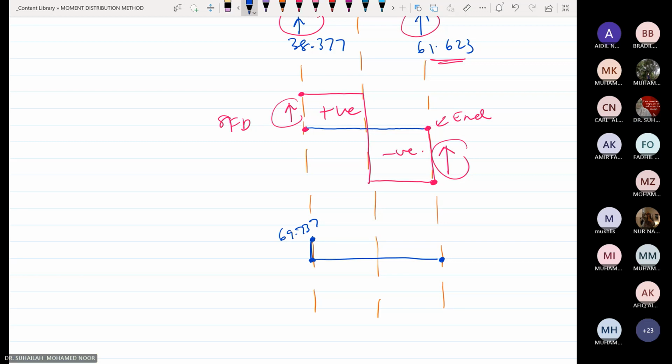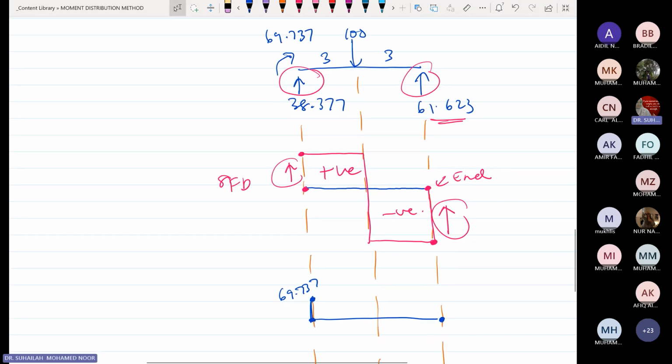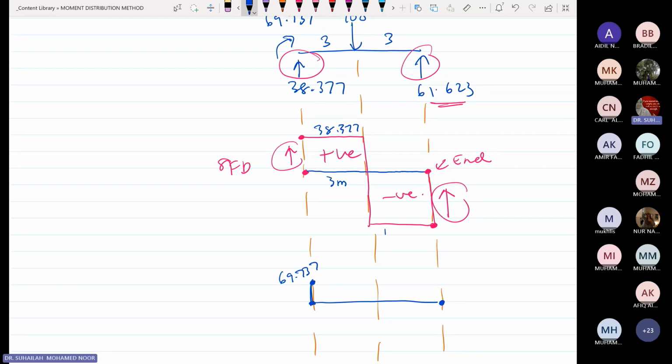Okay, now 69.737 plus the area. Area ni 38.377 and 3 meter. Yang ni 61.623, 3 meter. Okay, please calculate 69.737 plus the area.